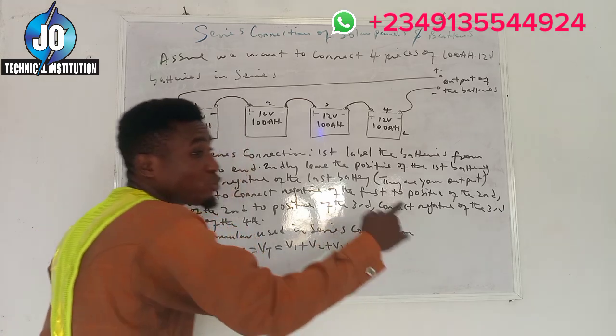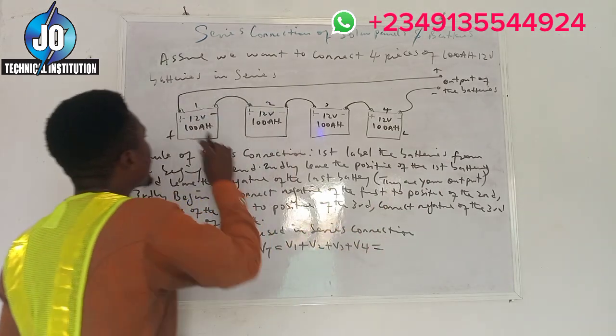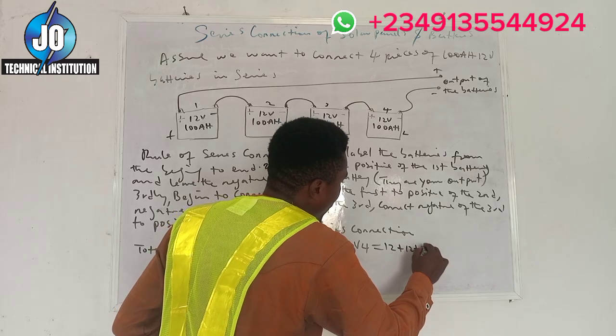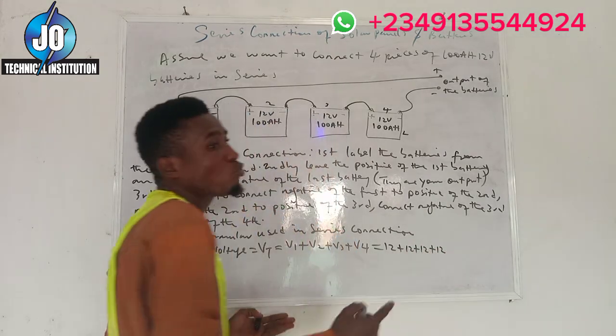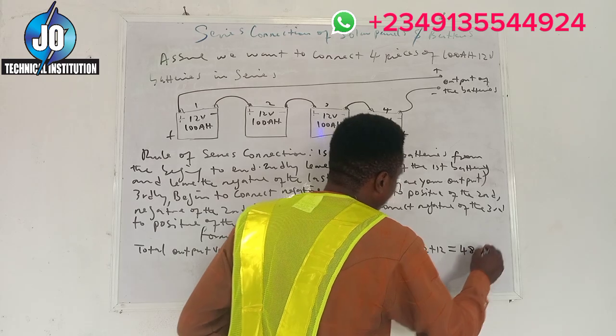Even if they are 1000 and they are connected in series, you do it this way. Since the voltage is 12, it will be 12 plus 12 plus 12 plus 12, or you can just say 12 times 4, which gives us 48 volts.